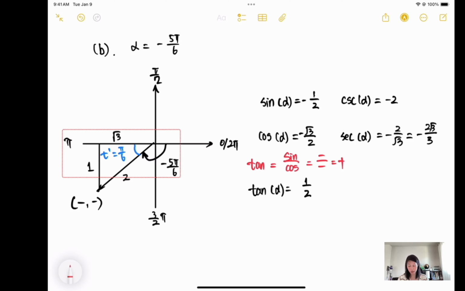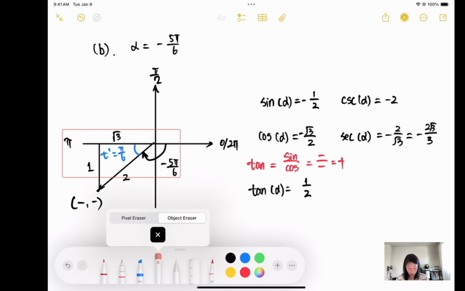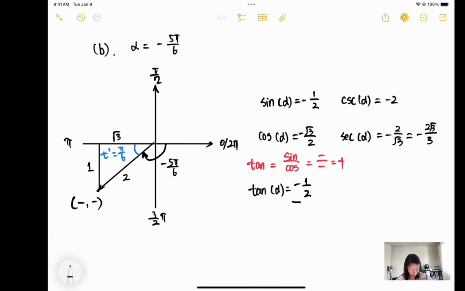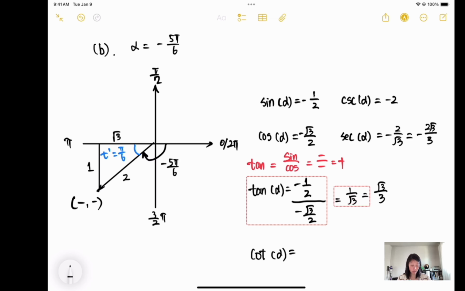So our tangent alpha is equal to -1/2 over negative square root of 3 over 2. Simplify, it is equal to 1 over square root of 3. Simplify, I have square root of 3 over 3. So our cotangent alpha also is going to be a positive number, which is square root of 3.